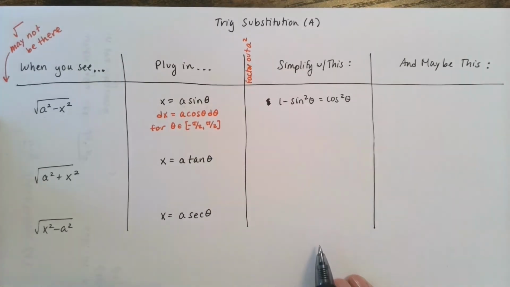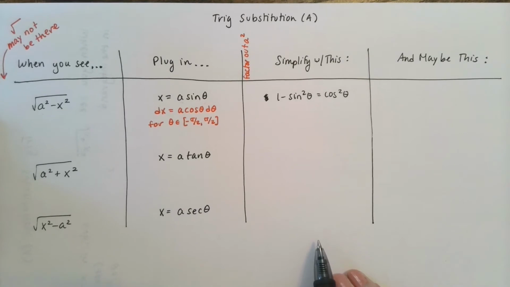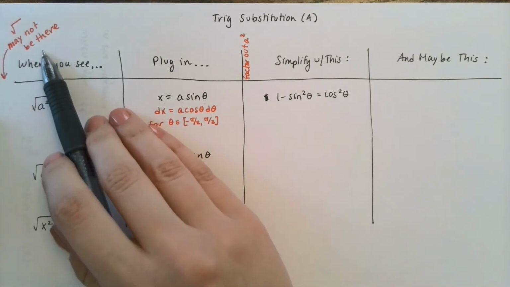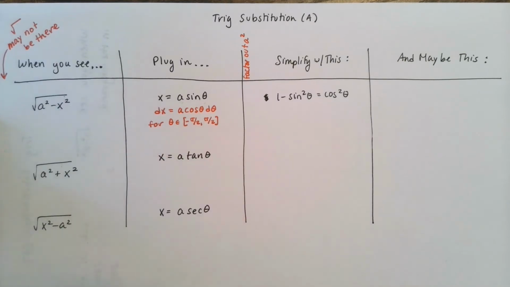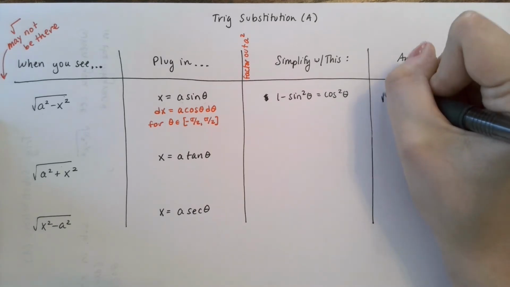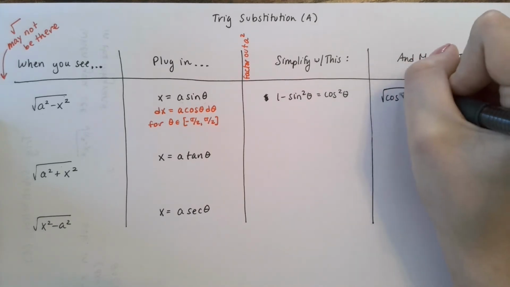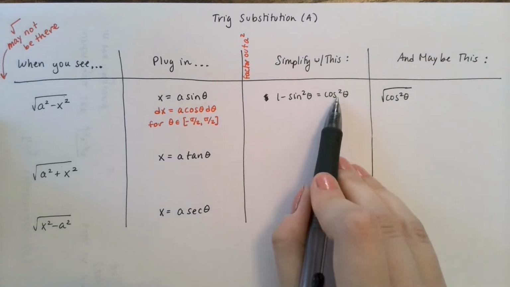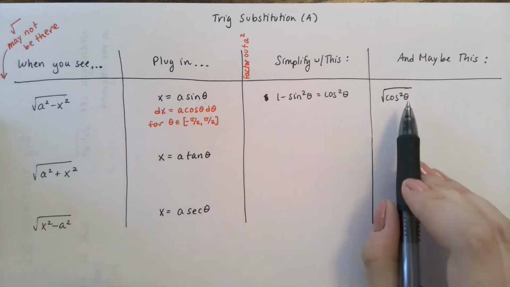So another identity that may come into play, and it does often, it just won't anytime the square root isn't there. I have a note here, that root may not actually be there, and this all still works, but then you wouldn't use this last column. So what you'll end up with is the square root of cosine squared, right? So you'll get cosine squared under that root.